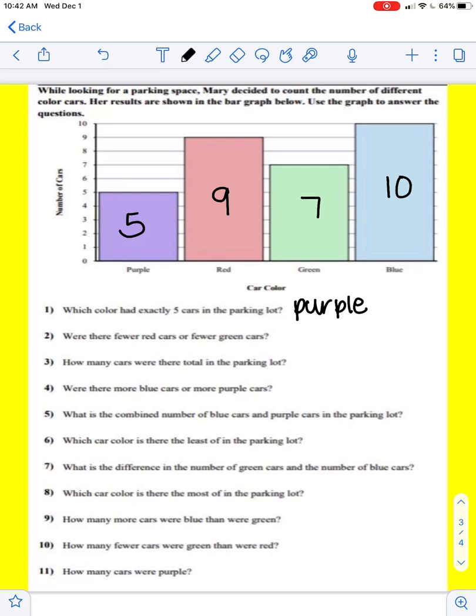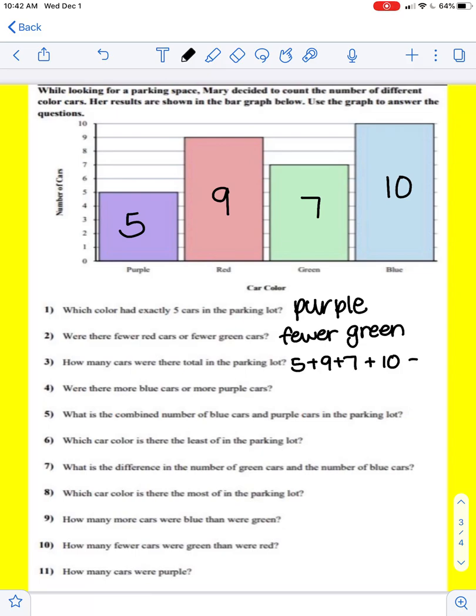Were there fewer red cars or fewer green? We know that 7 is less than 9, so we had fewer green. How many cars in total? So we had 5 purple plus 9 red plus 7 green plus 10 blue.